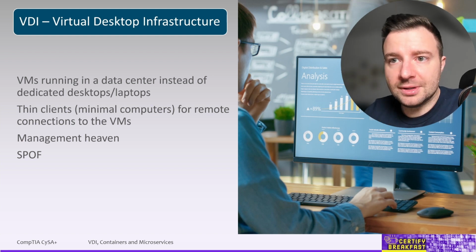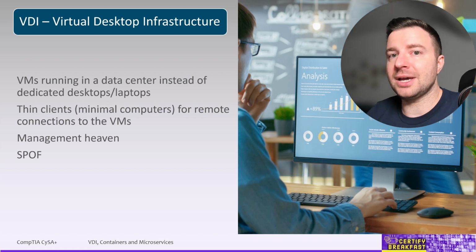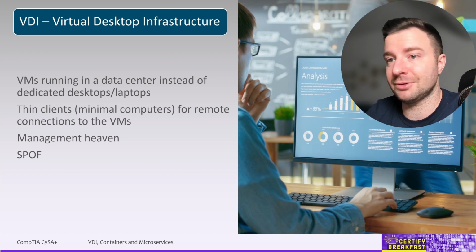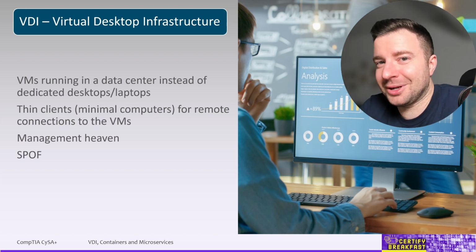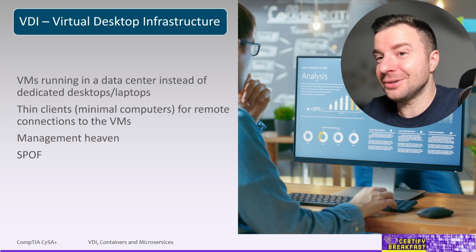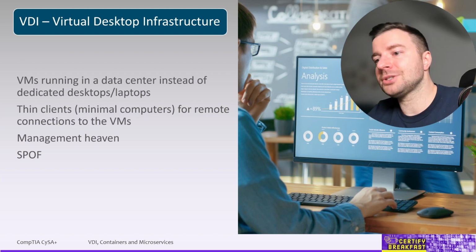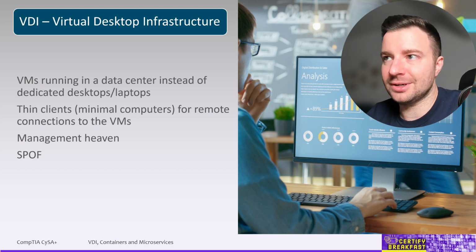Now, any issue with this is going to bring down productivity all over the place, right? So basically you'll need to send everyone home because they won't even have Notepad to work with, or at least not the digital version of Notepad. So it's a single point of failure. Your data center and the connection to your data center becomes a single point of failure.